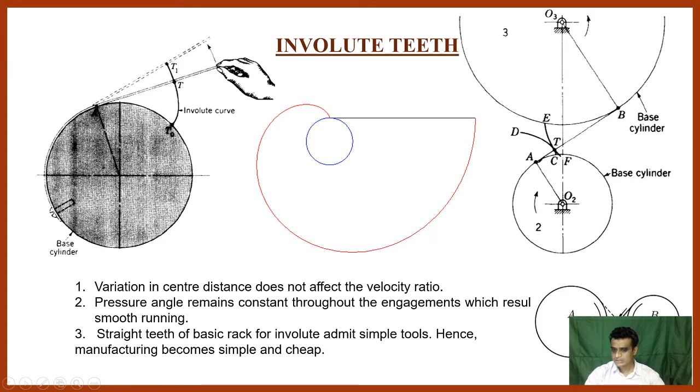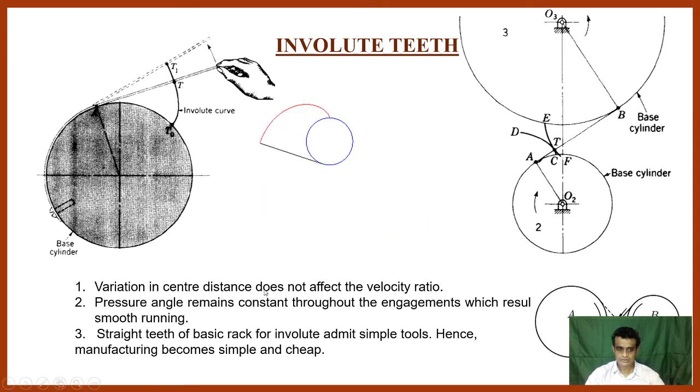The same concept we have to use in the conjugate action of the gear tooth profile. We have to design the tooth profile in such a way that point B must every time be along the point of contact. This condition is satisfied in the involute gear tooth profile and the cycloidal gear tooth profile. That's why we use these two gear tooth profiles in gears to have the uniform velocity ratio.